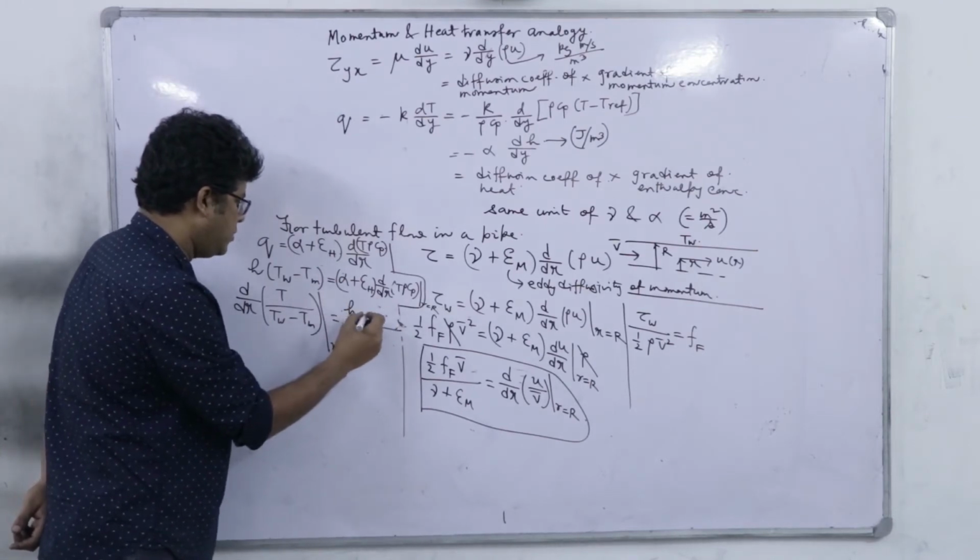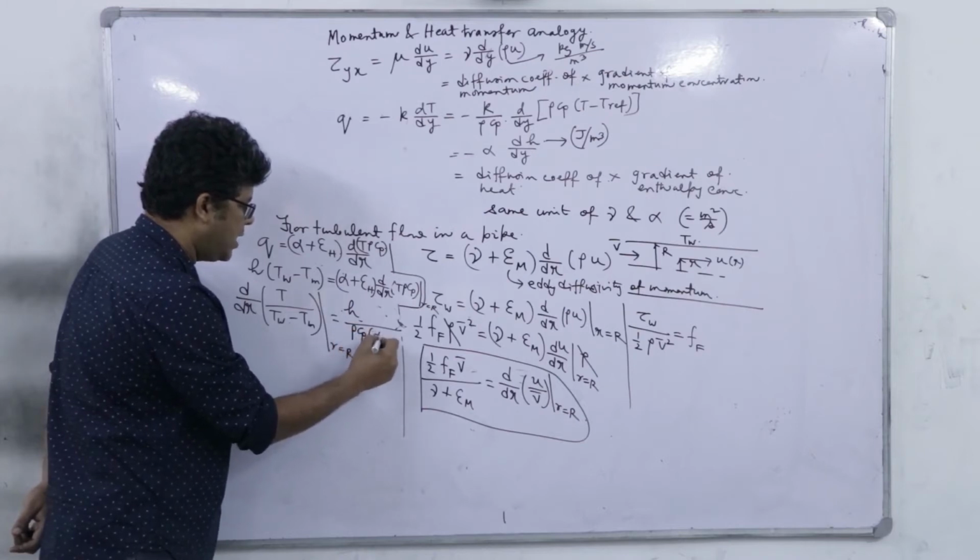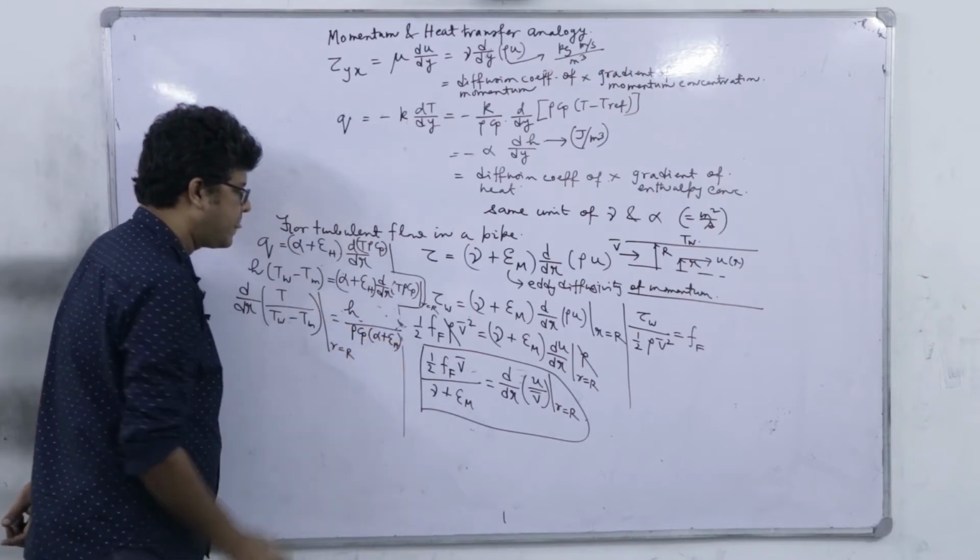So, it is h divided by rho Cp into alpha plus epsilon h.